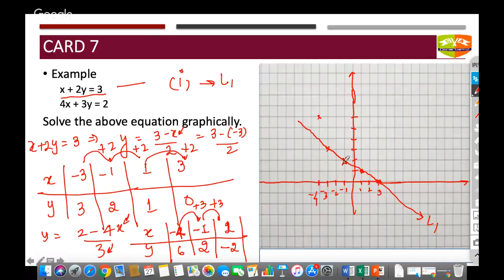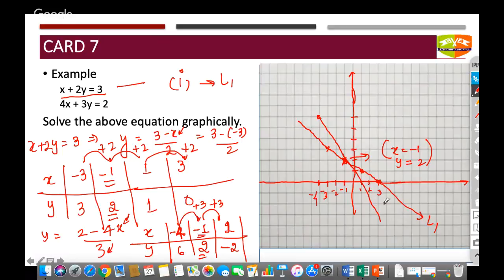So you see here, x is equal to -1 and y is equal to 2 here, and x is equal to -1 and y is equal to 2 here is common to both the equations. So it means that my line is passing something like this. So here the common point, the point of intersection, which is x is equal to -1 and y is equal to 2, is common to both of these lines.